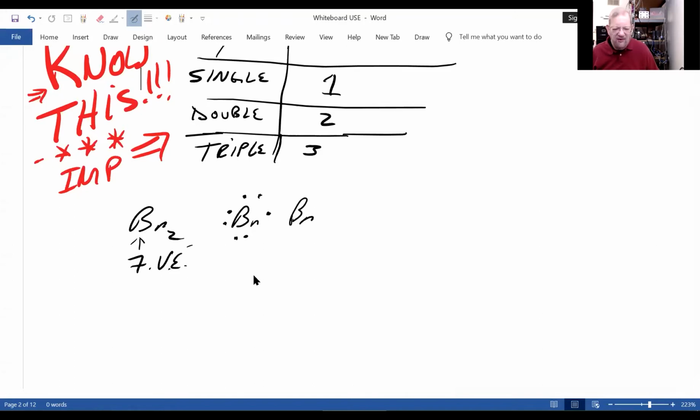Well, if I put another bromine, it would be the same thing. And this bromine says to that one, hey, I've got 1 unshared valence electron. You do, let's share. So they do. And the non-bonding electrons that I'm drawing in now around each element, in this case bromine, are still there.